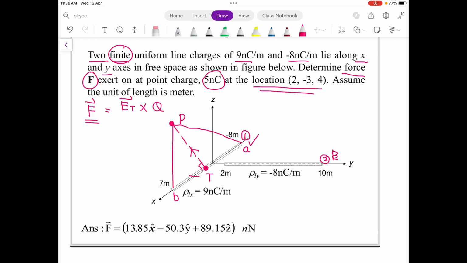So what is our point T in this case? Our y is 0, we are very sure, and z is also 0. The x value follows the x of our observation point, so T is (2, 0, 0).